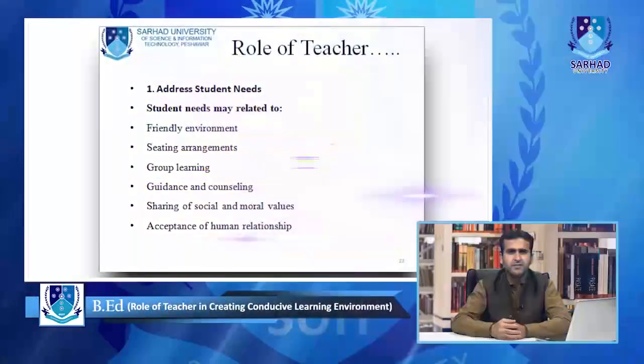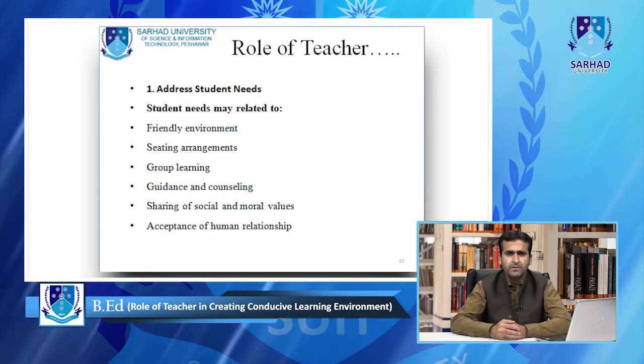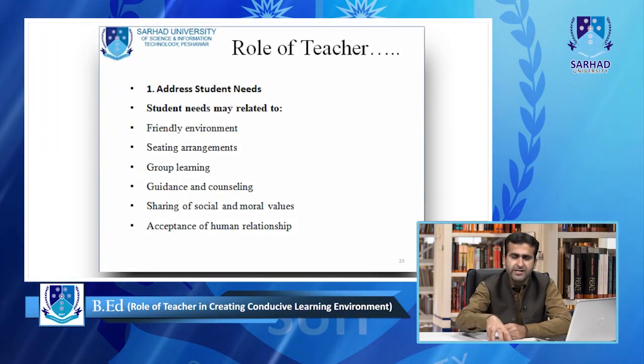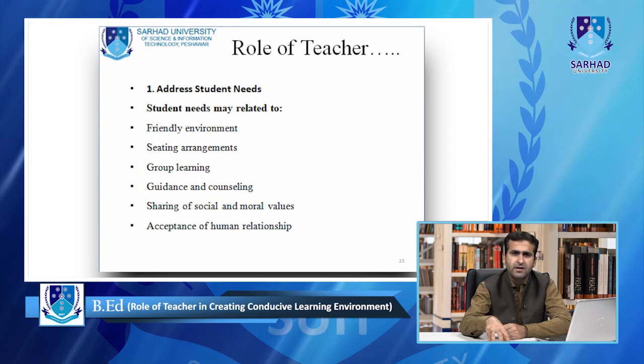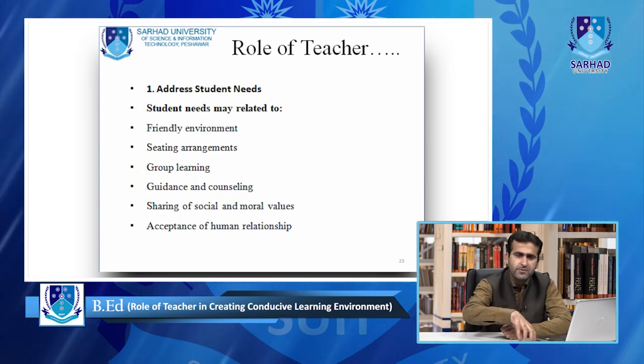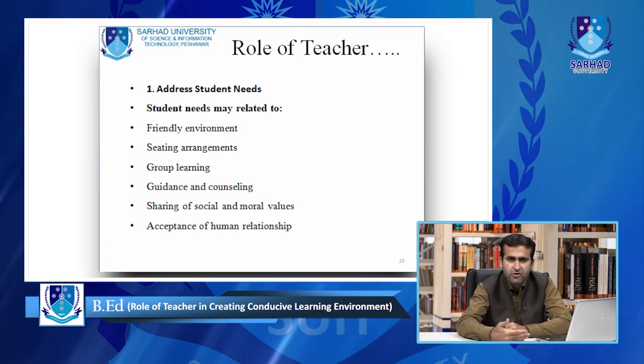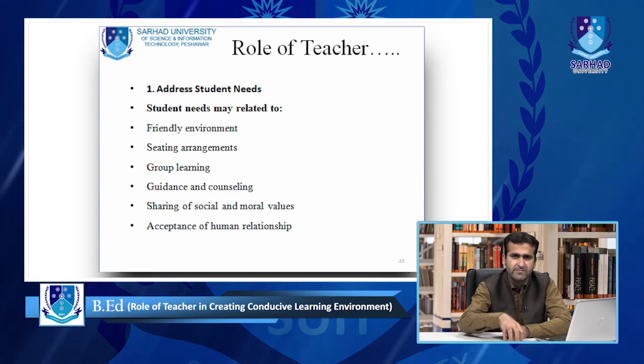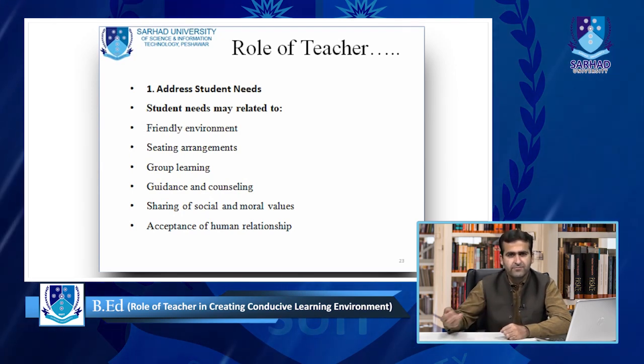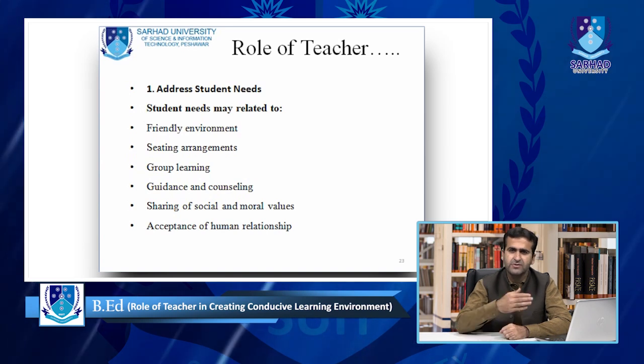Also, if there is a group activity, we need to accept the talent of one category of students, and we also need to accept the problems of other categories of students. And we need to solve all those particular problems which are available in that particular class. If a senior level student advises the junior level students, we need to accept it.